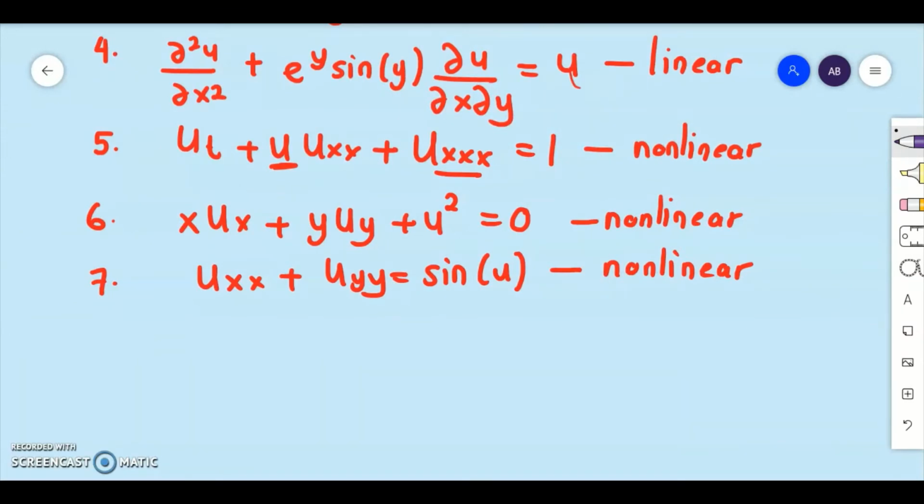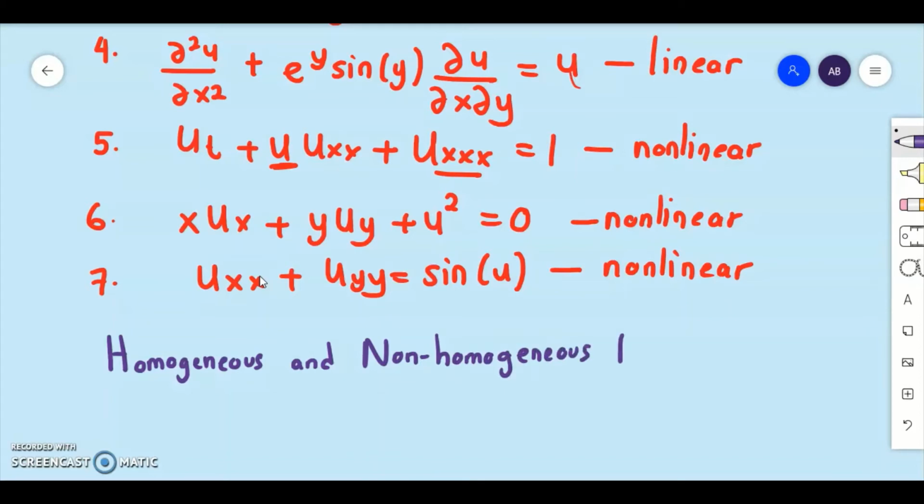Okay, the other part that you would like to know is the homogeneous and non-homogeneous PDE. This is very important when you want to classify the PDE. It is similar to the ODE, ordinary differential equation, on how you determine homogeneous and non-homogeneous.